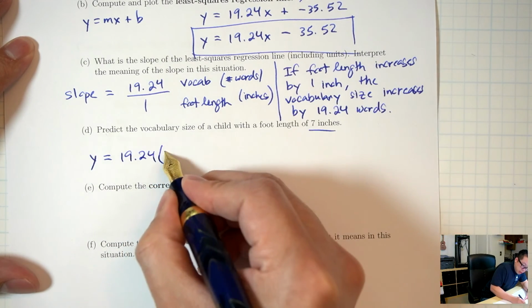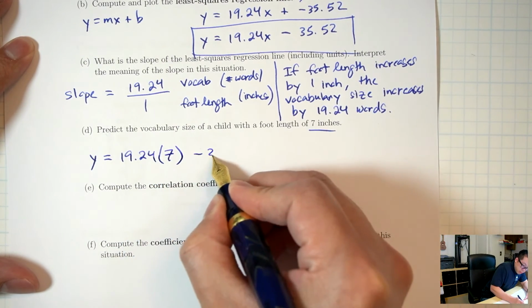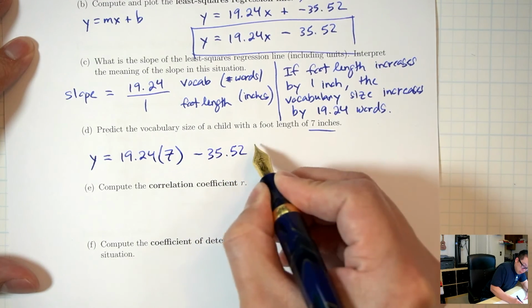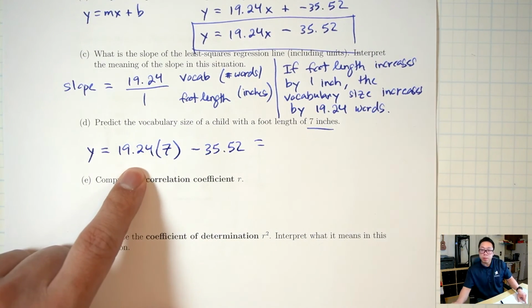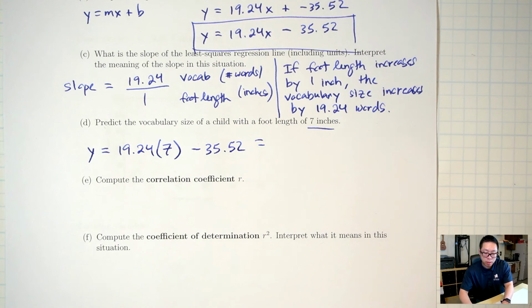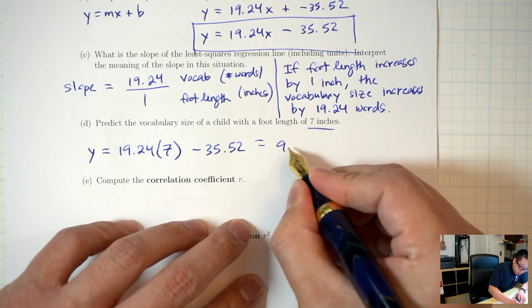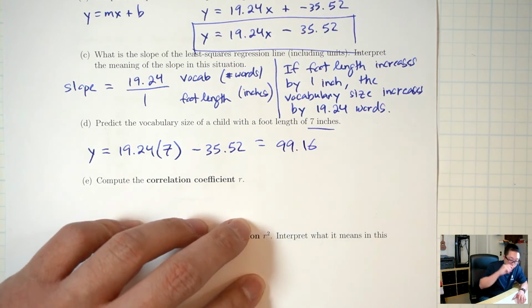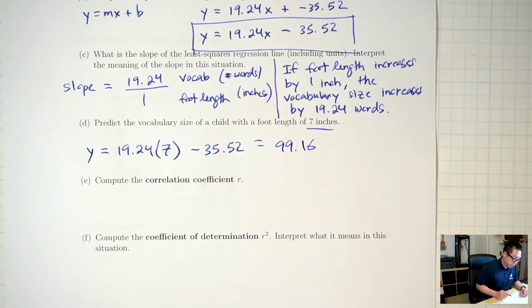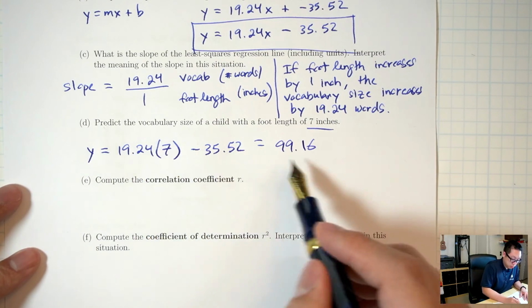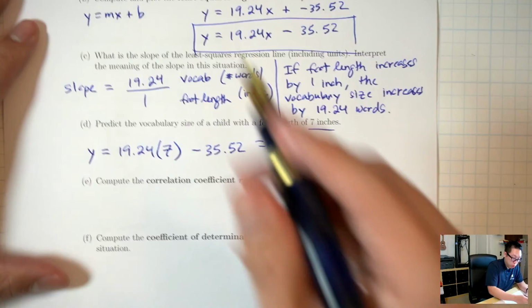Put the 7 in for X. That's 19.24 times 7 minus 35.52. 99.16. 99.16 what? This is supposed to be a vocabulary size, so words.